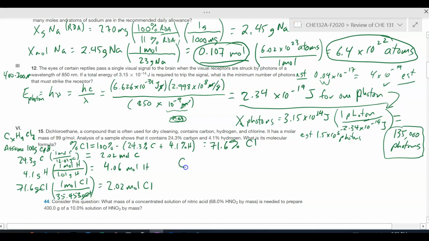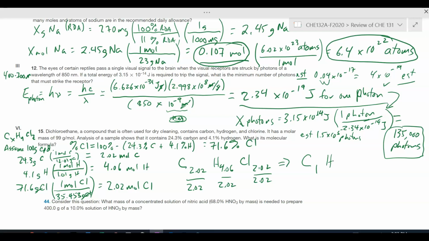Then I write the formula, C sub 2.02, H sub 4.06, Cl sub 2.02, and I divide each one of these by the lowest number. Well, 2.02 is a tie in both cases, and that sets the lowest one to 1. So I have C1, H is 4.06 divided by 2.02, which is 2.01, so basically 2, and Cl is 1.